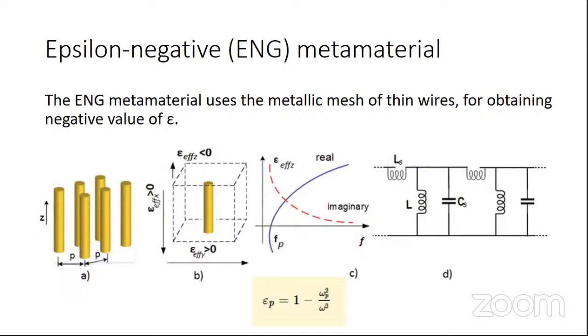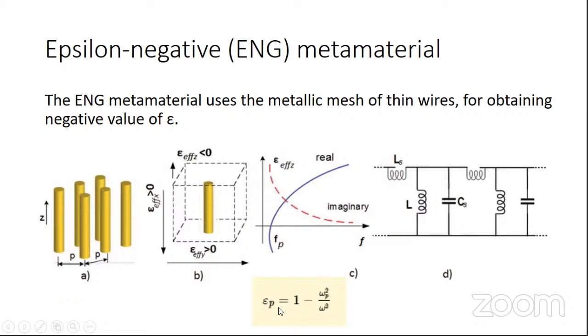These parallel metal wires exhibit high pass behavior. This behavior is seen by the incoming plane wave, and hence for the impedance of the wave, as the frequency increases, the imaginary section is like this and the real section is like this.